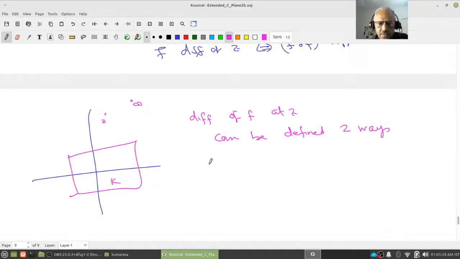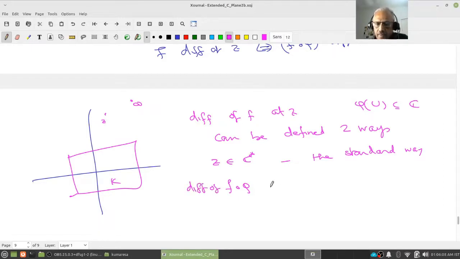One is, since z is in C star, the standard way. The other one, let's look at f composite phi, because this is U, and therefore phi of U will be something in C, right? Differentiability of f composite phi at phi of z.